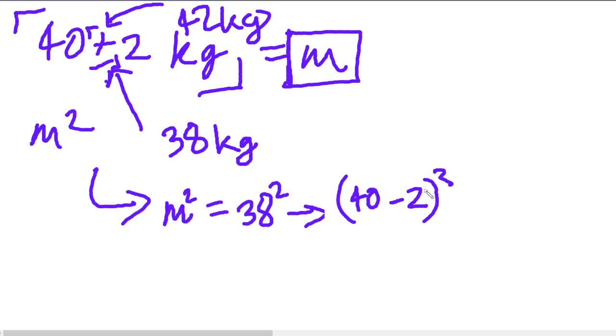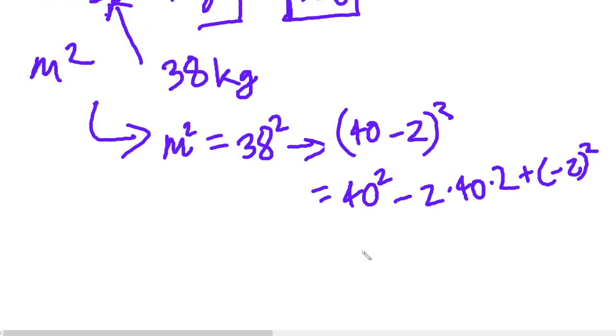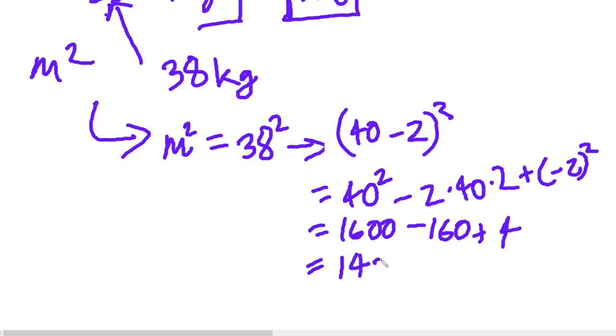So it's 40 minus 2 squared, which is 40 squared minus 2 times 40 times 2 plus minus 2 squared, which is 1600 minus 160 plus 4, or this sums to about 1404.